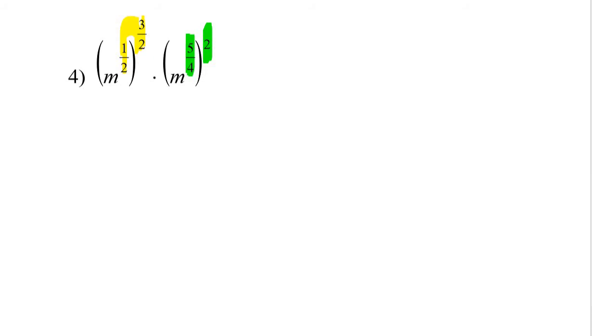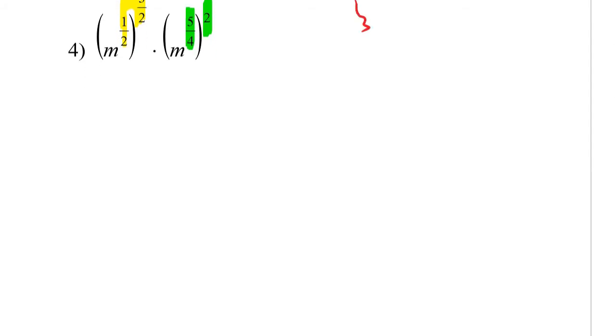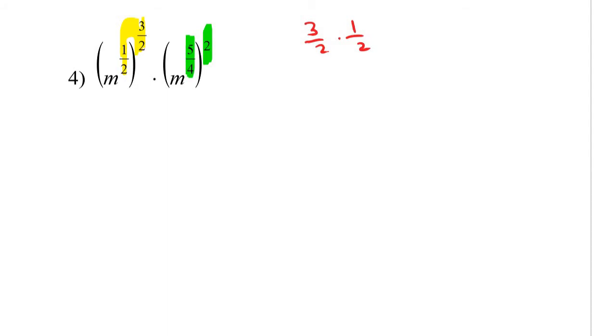So we'll multiply 3 halves times 1/2. That is this one. All right, so it will be 3 times 1 is 3, 2 times 2 is 4, so 3 over 4. So then we're going to write this one as m to the power of 3 over 4. Okay, that's the first part.